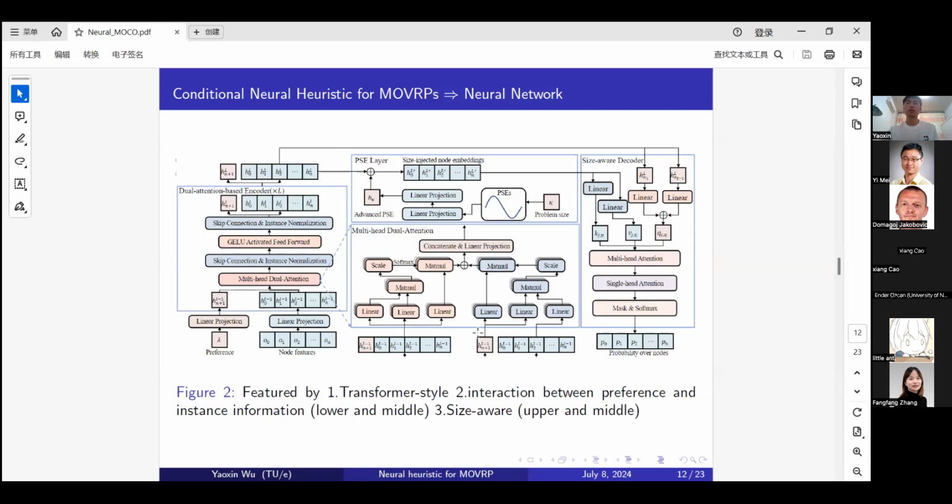Because we consider the preference a special information, which is not the instance information, we want to highlight this preference information.